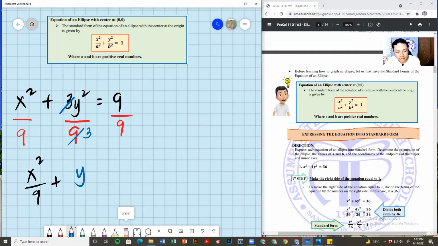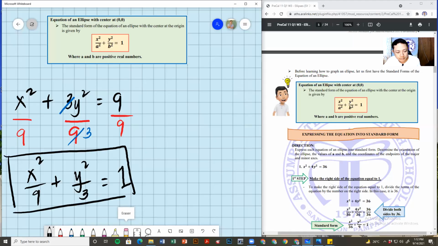So we have here y squared over 3 is equal to 9 divided by 9, that's 1. That's it. So this is the standard form of our ellipse, having 1 as the other side of the equation, and then the x squared and y squared have their own respective denominators.